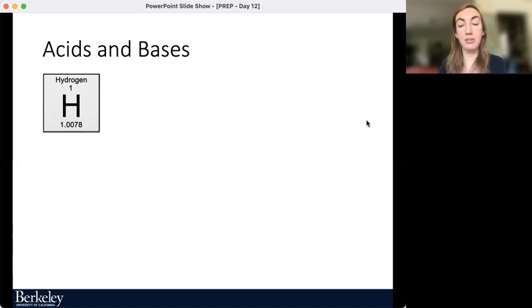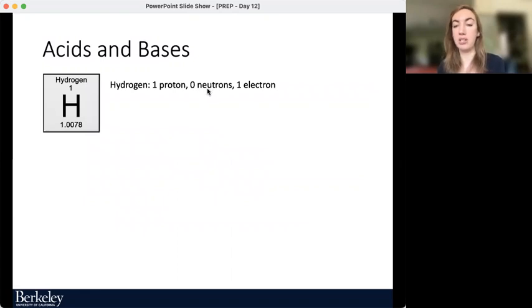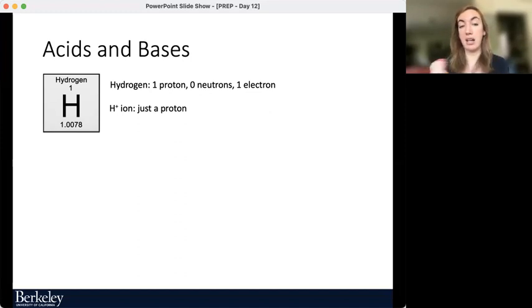So hydrogen, if you remember from when we were talking about atomic structures, its atomic number is 1, which means it has 1 proton. Its average atomic mass is just about 1, so that means it normally has 0 neutrons. And for it to be charge neutral, it has 1 proton and 1 electron. So when I form an H+ ion, I've lost that electron and I just have 1 proton.